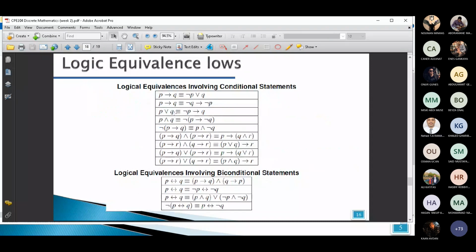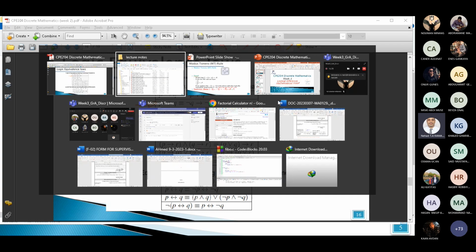We have P implies Q. It's equivalent to not Q implies not P. So we can apply this here.